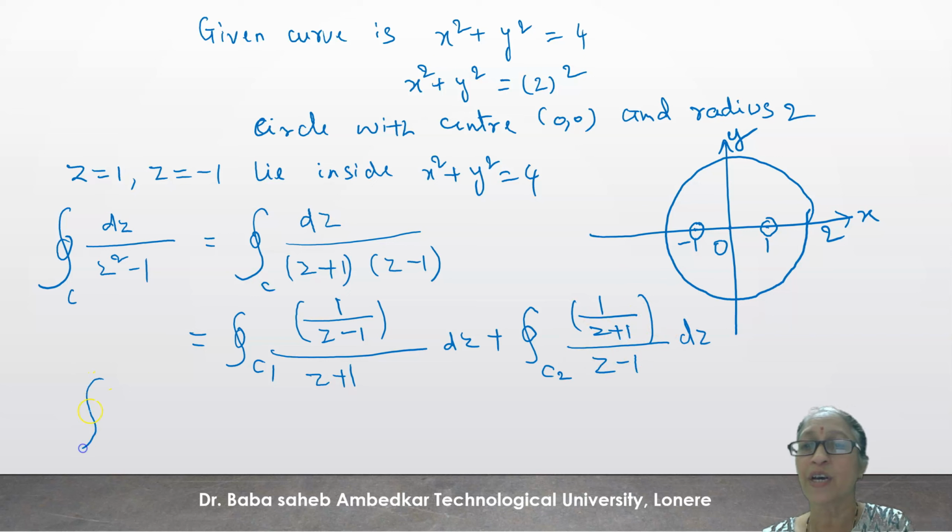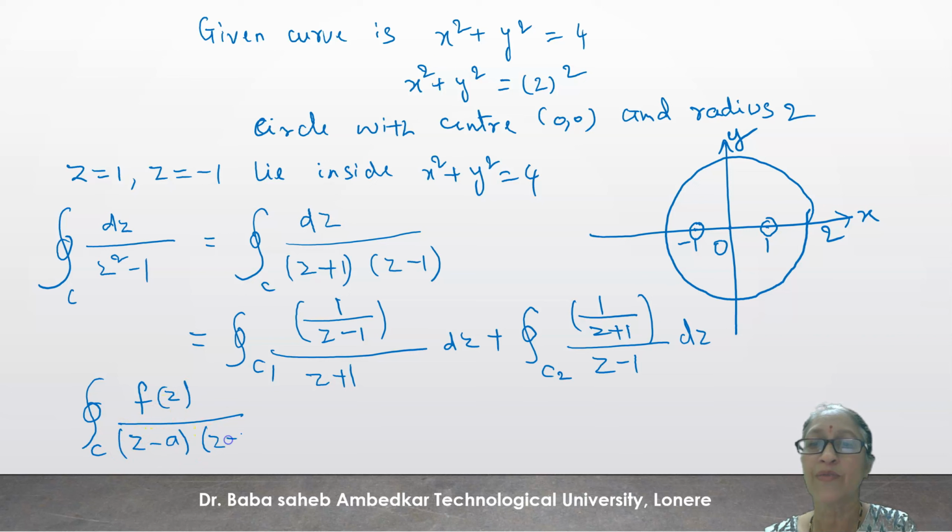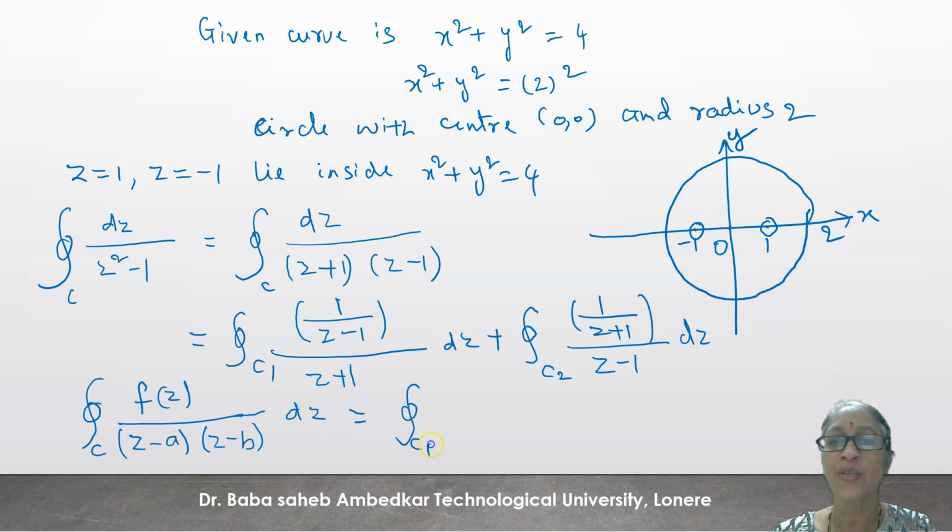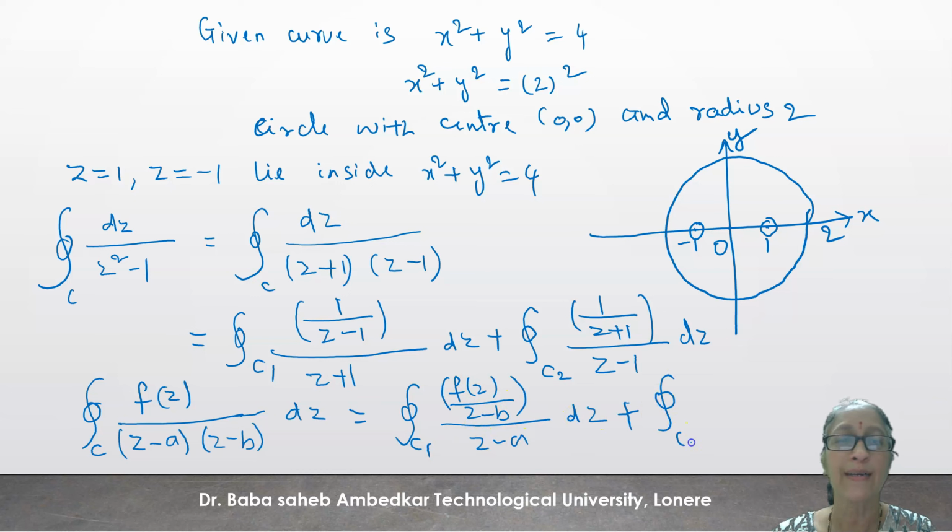Then we have to use this formula. Which formula? Here, contour integral along C, f of z by z minus a into z minus b. We have discussed this formula. So how do you write this? Contour integral along C1, f of z by z minus b upon z minus a dz, plus contour integral along C2, f of z by z minus a upon z minus b dz.